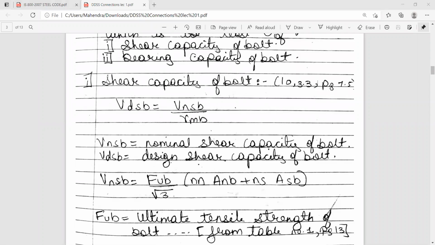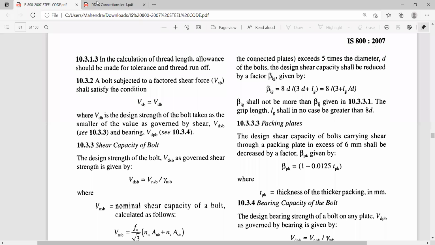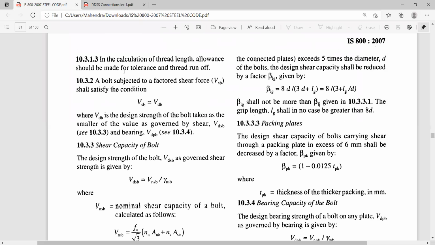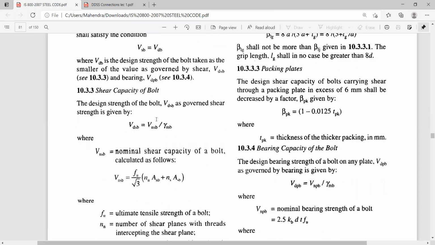Yes, I will upload this on the Moodle also so that it is easy to refer. See on page number 75 again. Here you have the formula for the shearing capacity of the bolt.